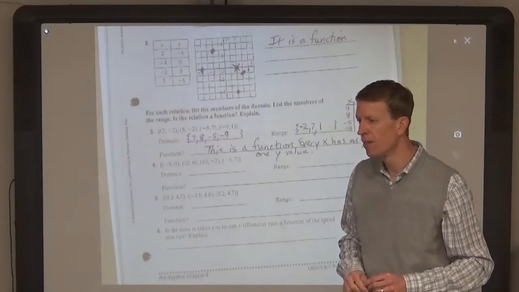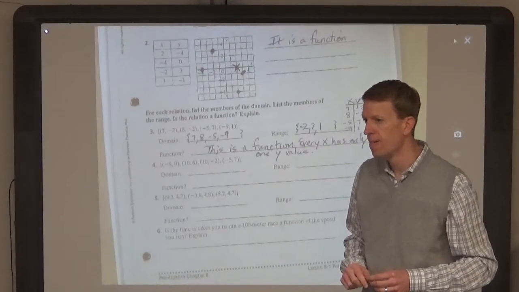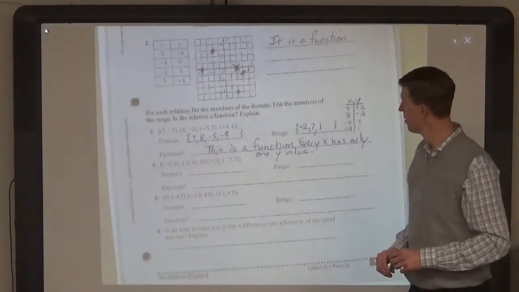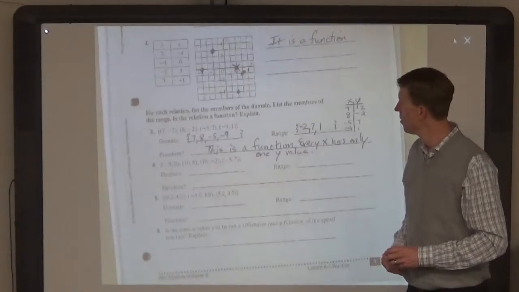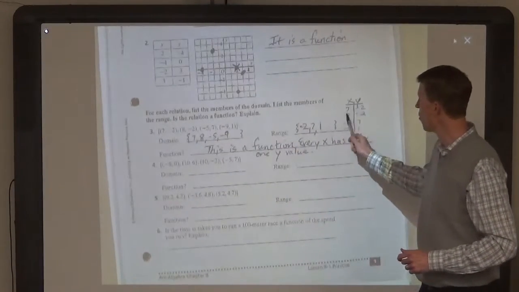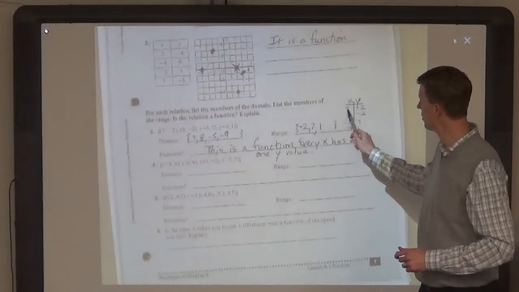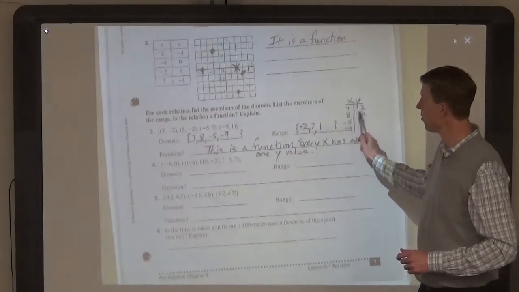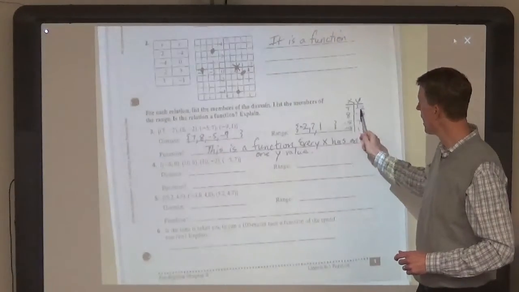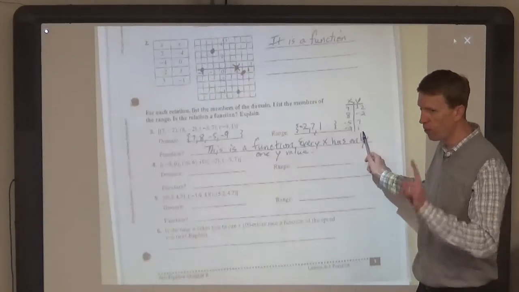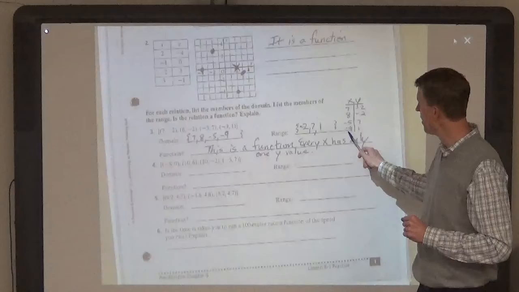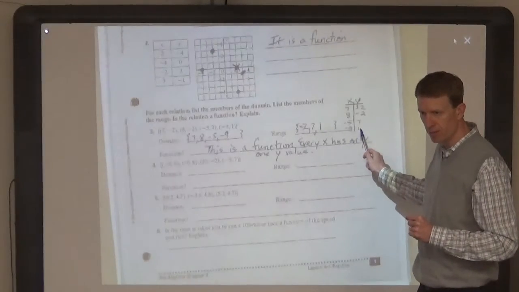Carson? No, if every X value has only one Y value, so 7 does not have another number on the other side, right? 8 does not have a number on the other side, only one. -5 has only one value. -9 has only one value.